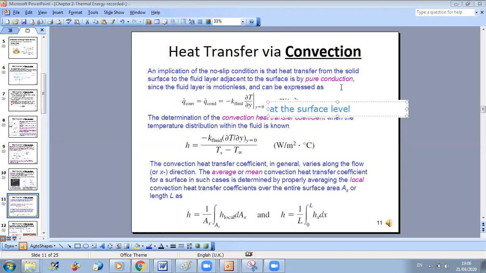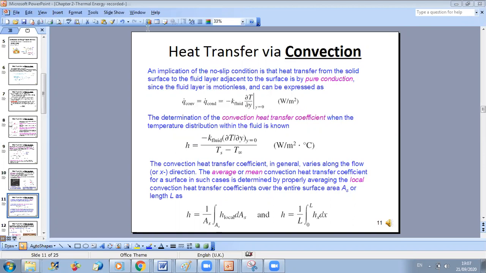Okay? So now, from this equation, you will find a relation between the convective coefficient h and the conductivity of your fluid. Because we know that we can replace Q convection by what? We go back to this equation. This is the conductive term.